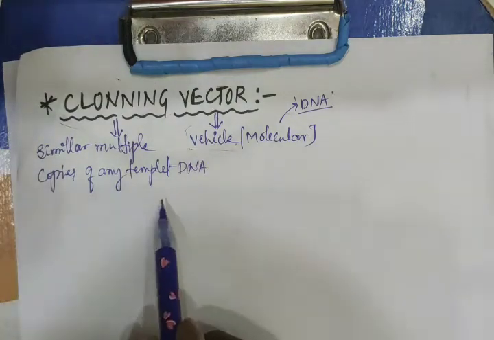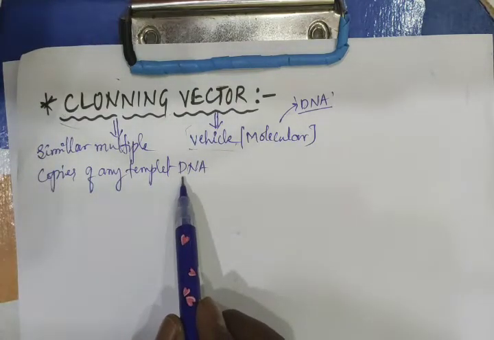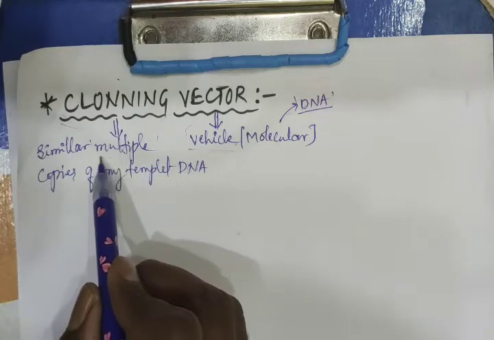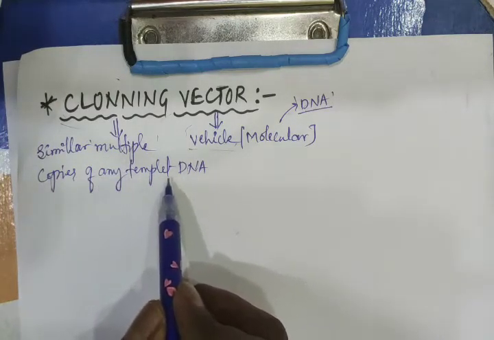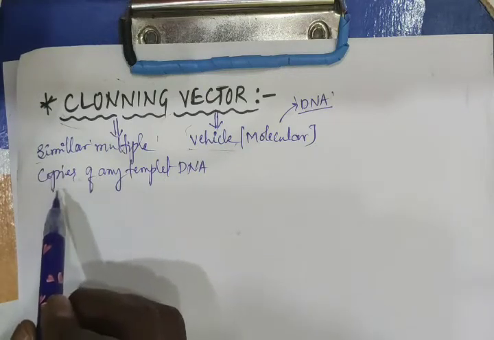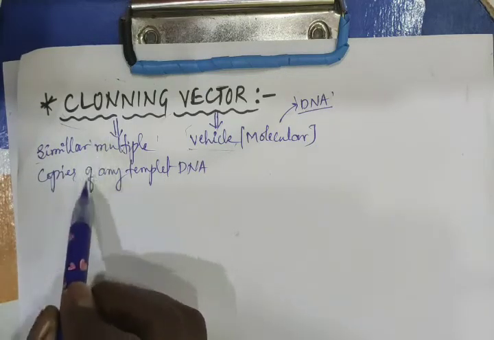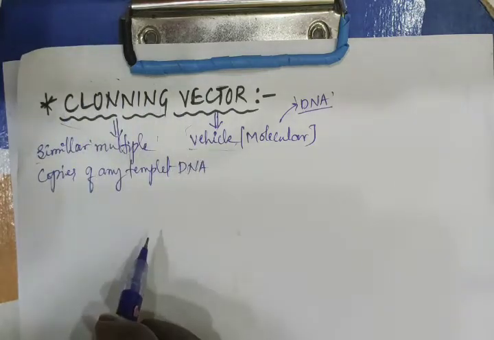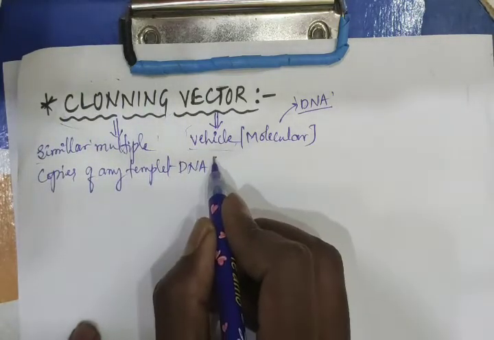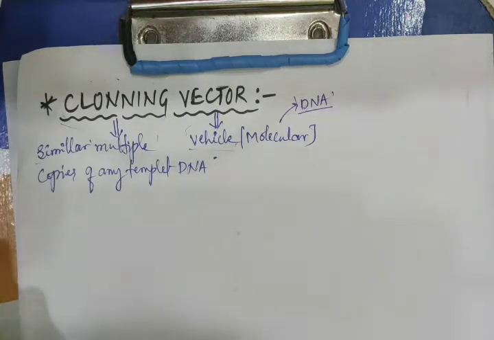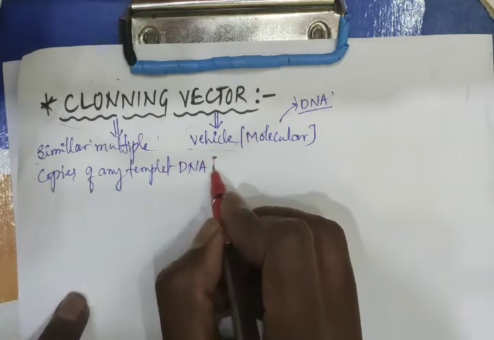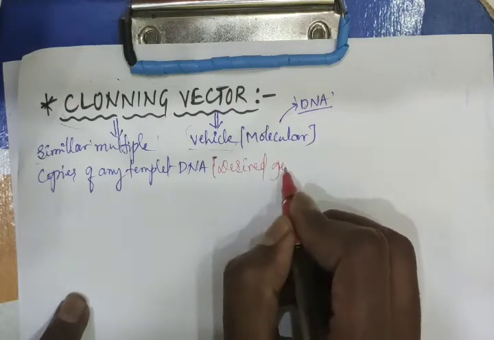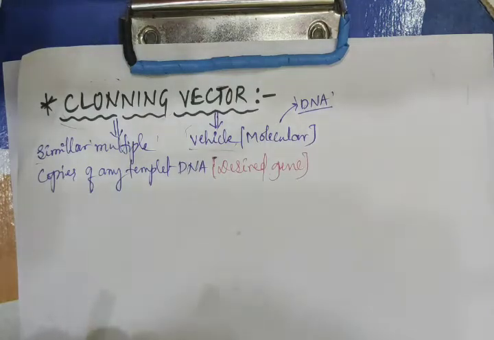That means any piece of DNA, any template DNA, can be multiplied, and all those template DNA pieces are similar. Hence we refer to them as clones of DNA, and the producing process is cloning. And here the template DNA is our gene, that means the desired gene. So this is one desired gene.